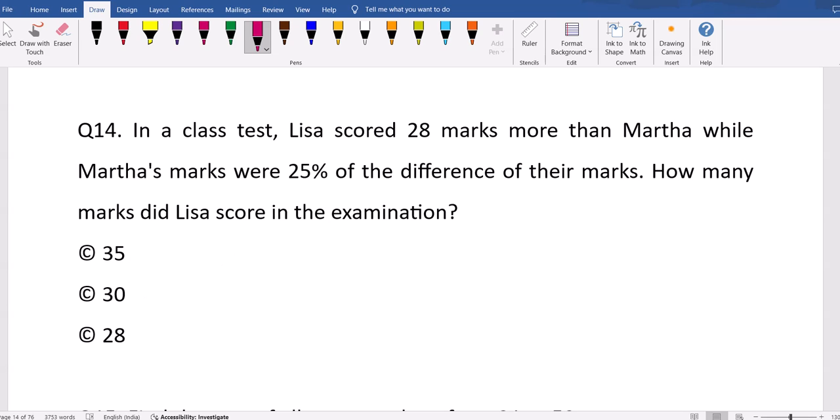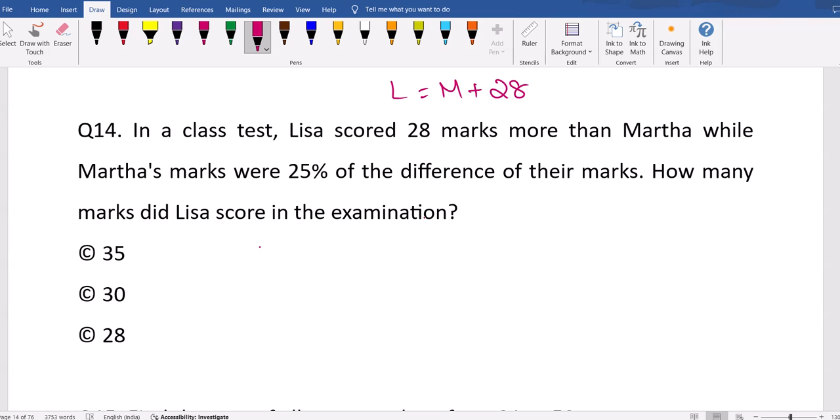In a class test, Lisa got 28 more than Martha, while Martha's marks were 25% of the difference. Read it carefully. Lisa got 28 more than Martha.